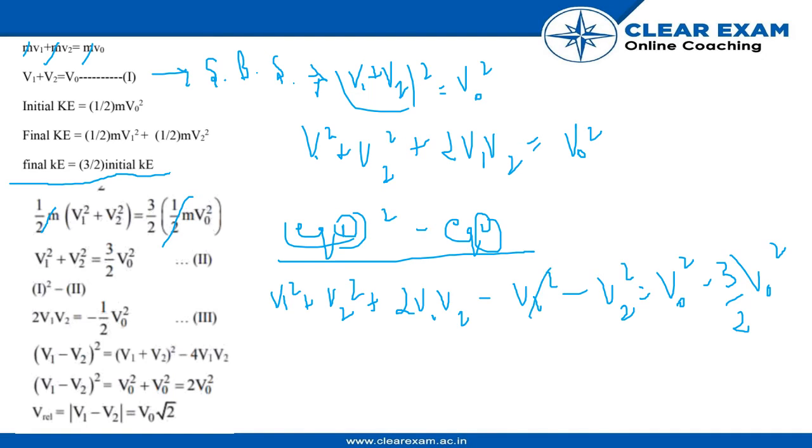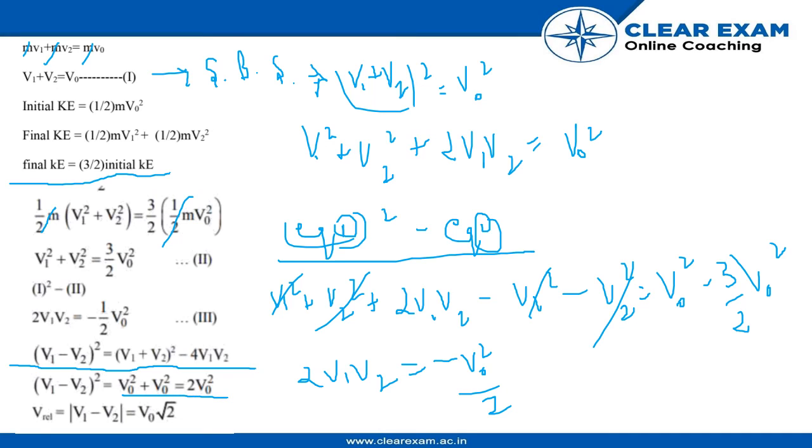We are simply going to cancel the terms v1 square and v2 square out, and the remaining terms are 2v1 v2 equal to minus v0 square by 2. And once we get it, we can also manipulate the equation by doing (v1 minus v2) whole square equal to (v1 plus v2) square minus 4v1 v2, and this will result into v0 square plus v0 square, that is simply 2v0 square.